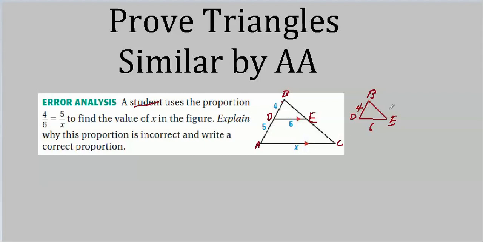In other words, we've got the ratio of this to this side. In other words, the ratio of BD to BA equals the ratio of DE to AC.